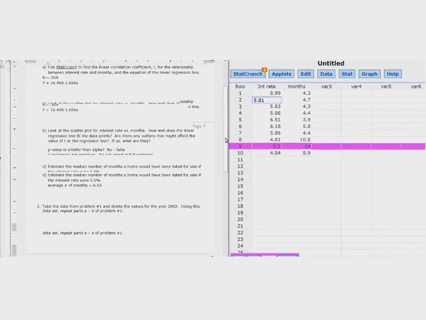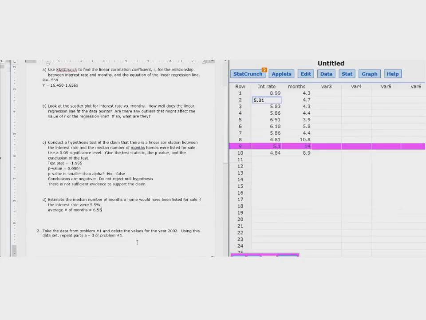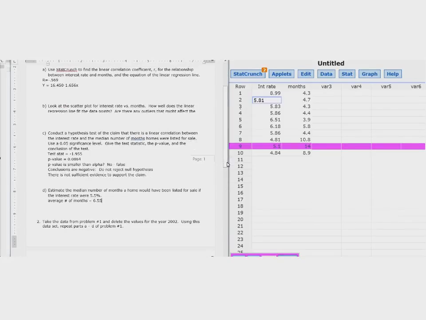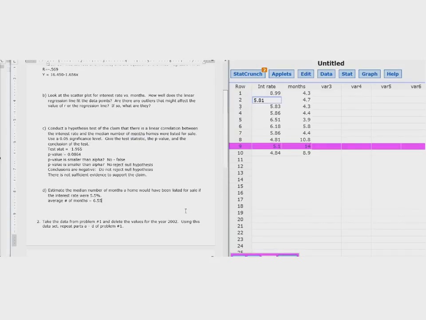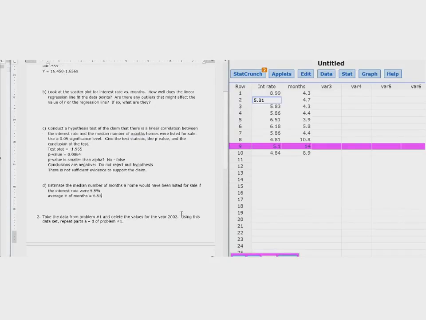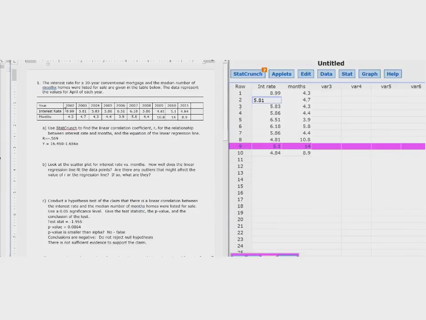Okay, then if we go on, we've got another question here, and that is to take the data that we already had, delete the values for the year 2002, and then repeat all these questions. Our values from the year 2002 were the very first row of the table. So I'm just going to go back and delete these.